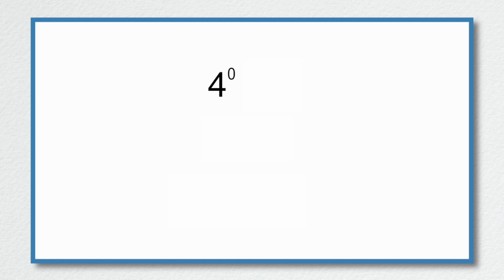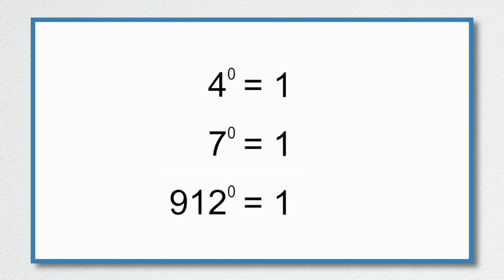Also, if we have any number to the power of naught, this is equal to 1. So if I had 4 to the power of naught, this is equal to 1. 7 to the power of naught is equal to 1. 912 to the power of naught is equal to 1. And I'm going to come back to this later to show you why.